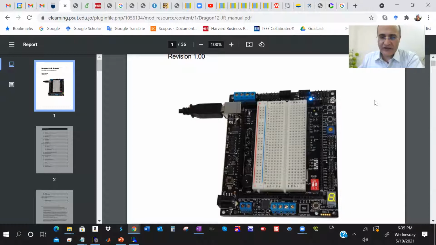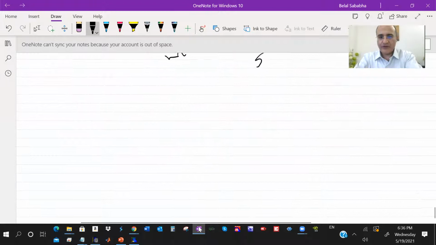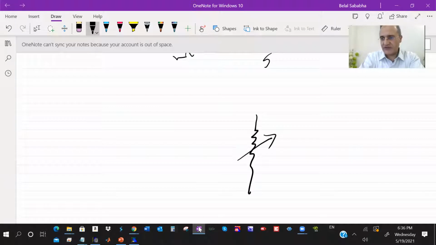It could be an LDR resistor in a circuit, where you get direct voltage from the circuit connected to the analog port 4. This potentiometer, you know how it's connected? The potentiometer is a variable resistor, right? You connect it to a voltage source and ground, and it has 3 pins.